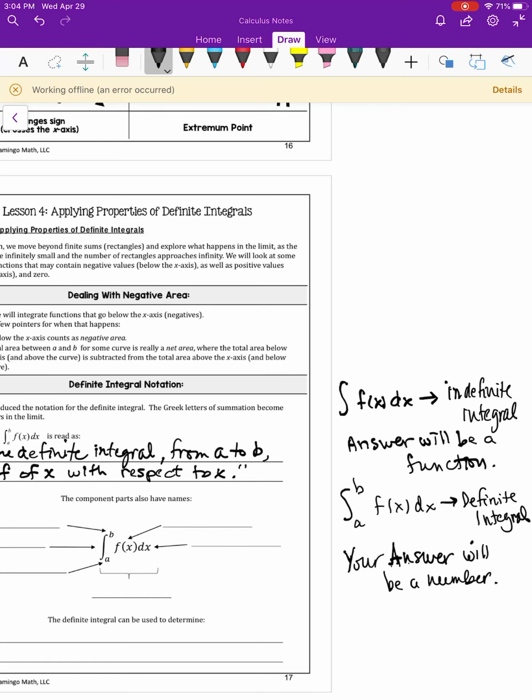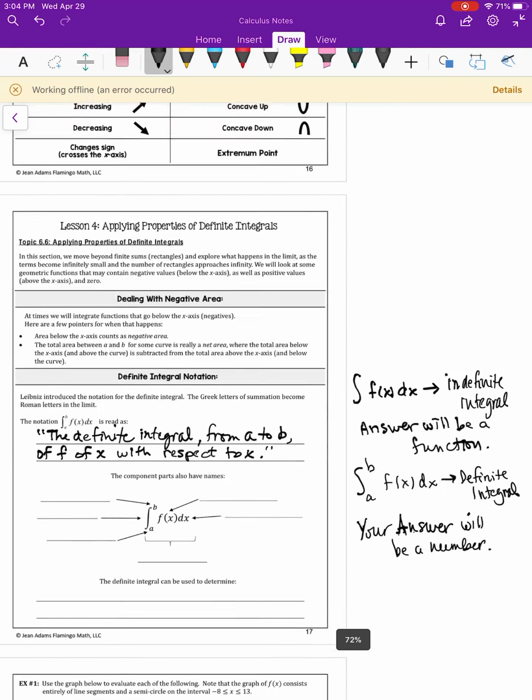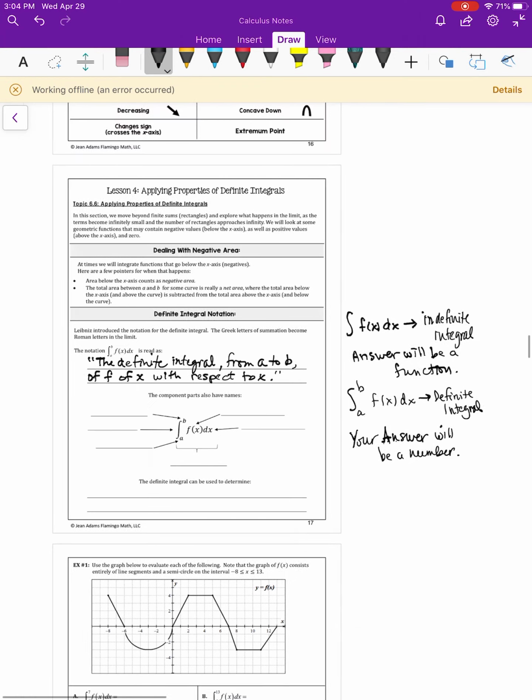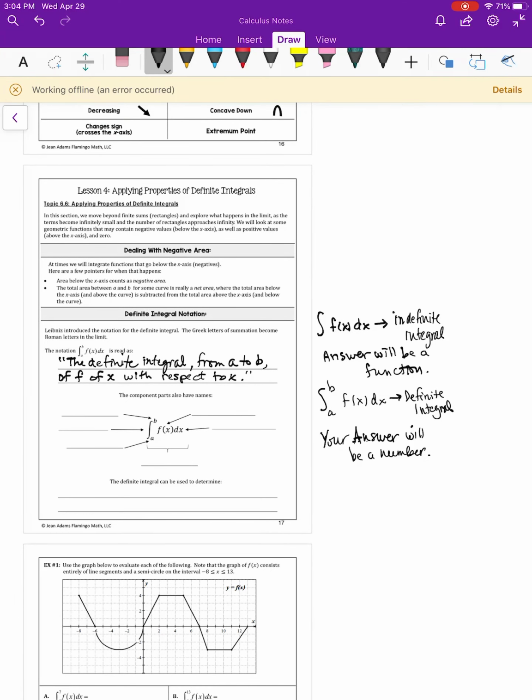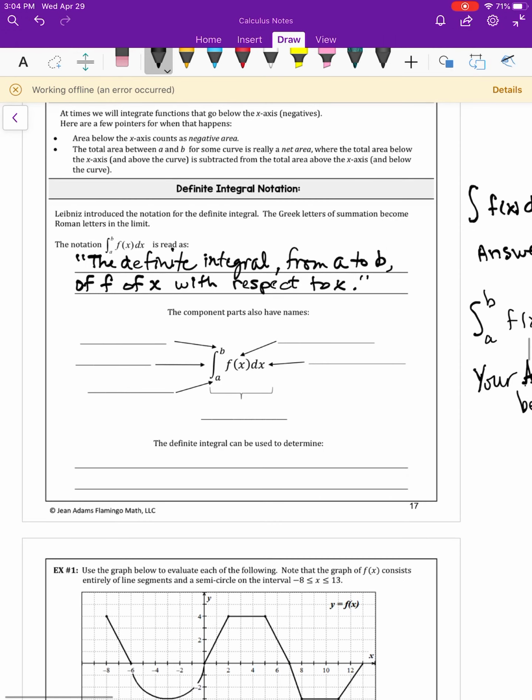So if there's more area below the x-axis, your answer might be negative. It will make more sense as we keep going. I just wanted to point out that a definite integral is basically the integral of a function with a number on top and a number on bottom.